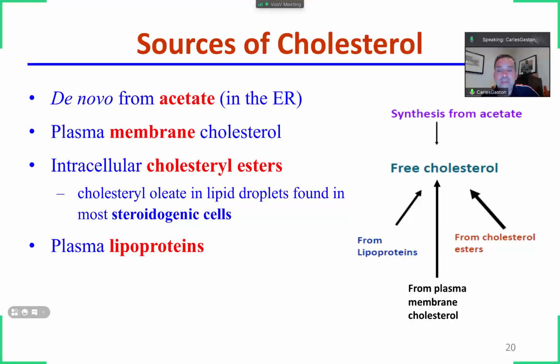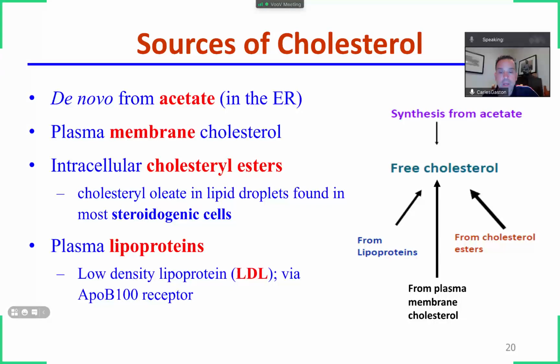And then plasma lipoproteins. We have different types of lipoproteins. I don't know if you have studied this already in the biochemistry module, but there are low density lipoproteins, LDL, which basically travel through the ApoB100 receptor.